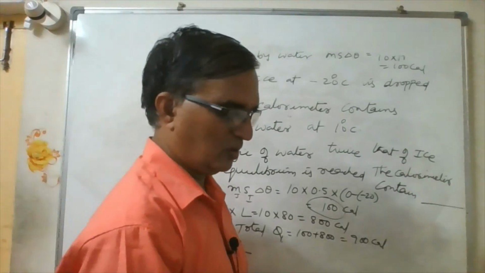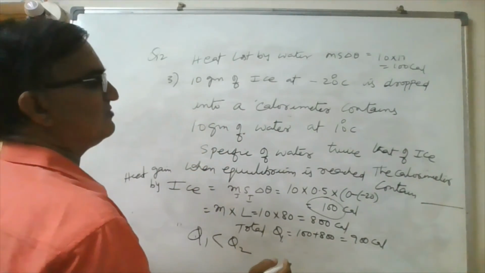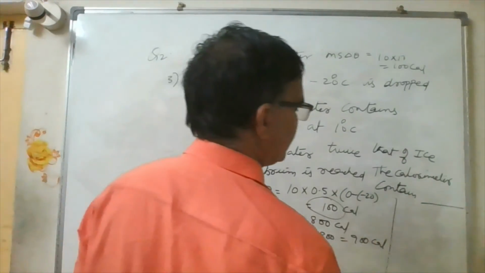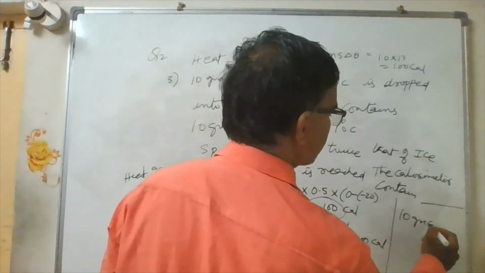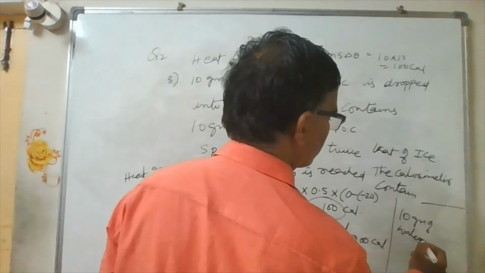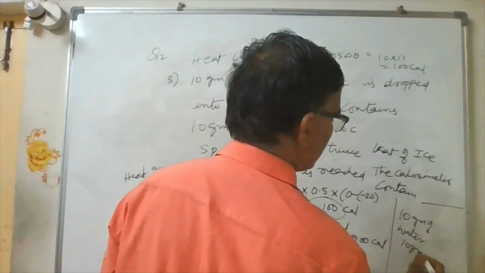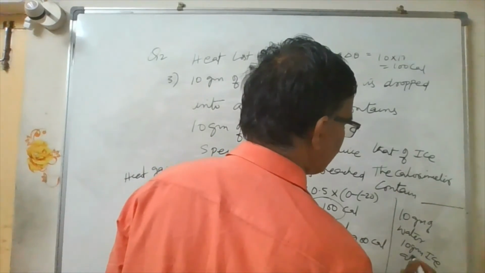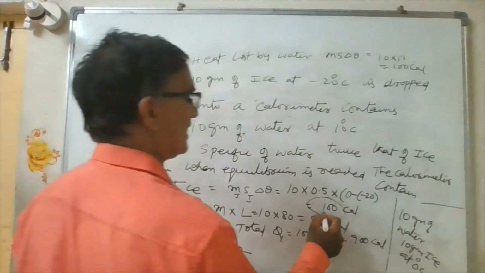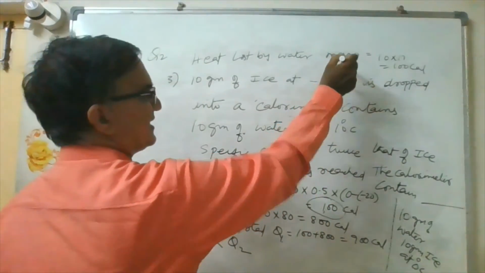Now what are the contents you have? The contents will be 10 grams of water and 10 grams of ice at 0 degrees only. Because to convert the ice at minus 20 to ice at 0 you require 100 calories, and you are supplying 100 calories.